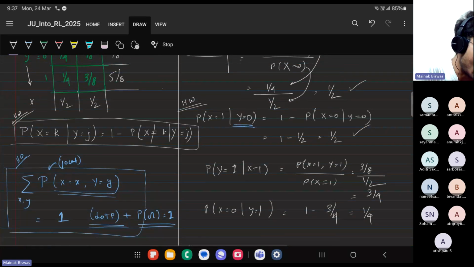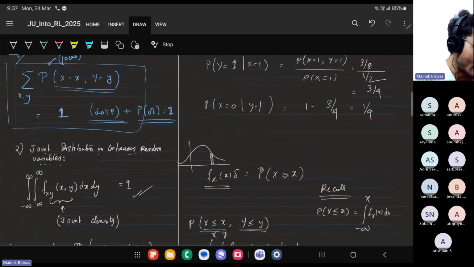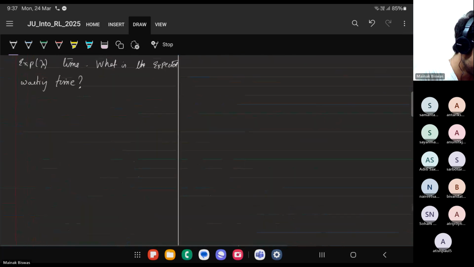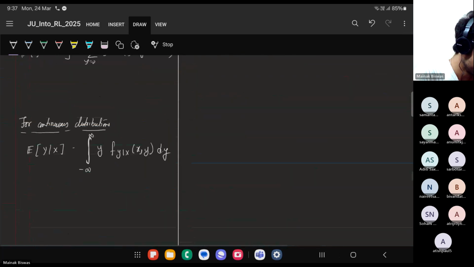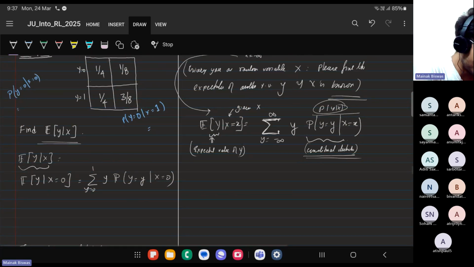So y equal to 0 is half and half, and this is x is equal to, not y equal to 0, sorry, x is equal to 0 and y equal to 1. Fine. Half and half and 3/4 and 1/4. Where is it? Yeah, here you go. So y equal to 0 given x is equal to 0 is half.